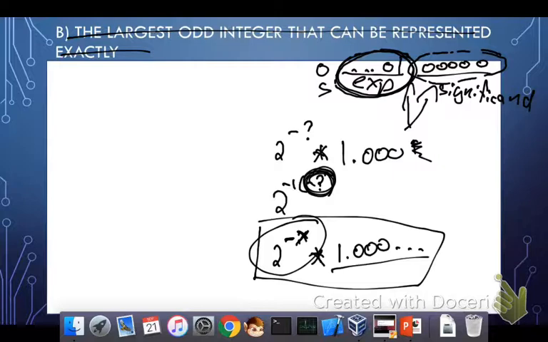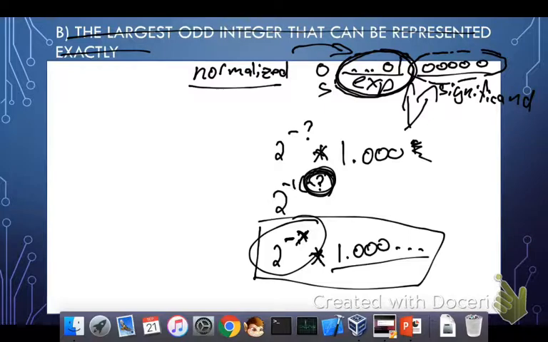Well, let's talk about that. Because we're not allowed to use a biased value, this has to be a normalized value. Okay, so remember, we can't have all zeros. So we had to have a 1 in the exponent. So what does that mean?